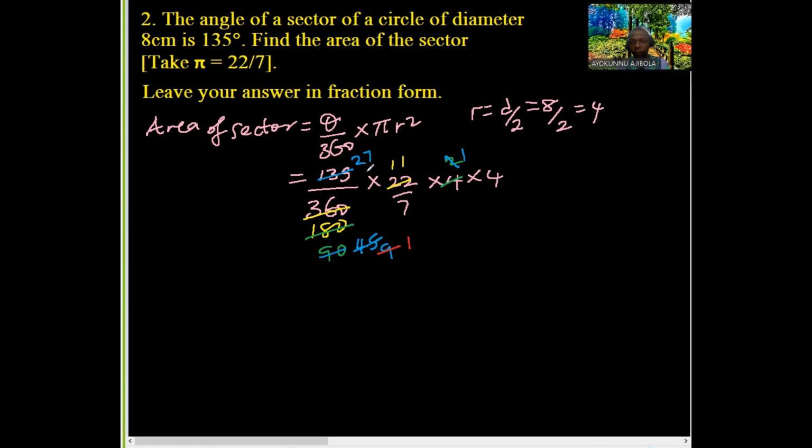Then 9 here 1, 9 here 3. So what we have left now is 3, 11, and 4 at the top. So that is 33 times 4. 3 and 11, that's 33, then times 4, all over 7. So what is 33 times 4?